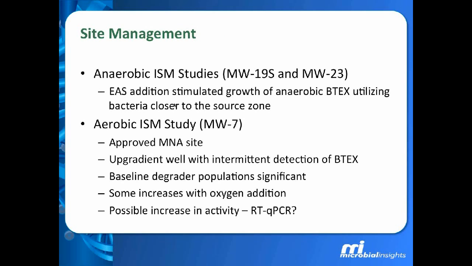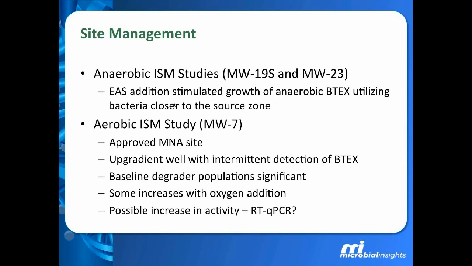So in general, the QuantArray technology was used to evaluate conditions across the site, and we were sure that we didn't miss pathways that could be important since we were looking at so many, all the known ones. As we saw in the aerobic study, a toluene monooxygenase not commonly analyzed by standard qPCR was one of the genes stimulated. Then when we looked at the electron acceptor addition, the QuantArray Petro was used to show the impact on the response of the microbial populations.